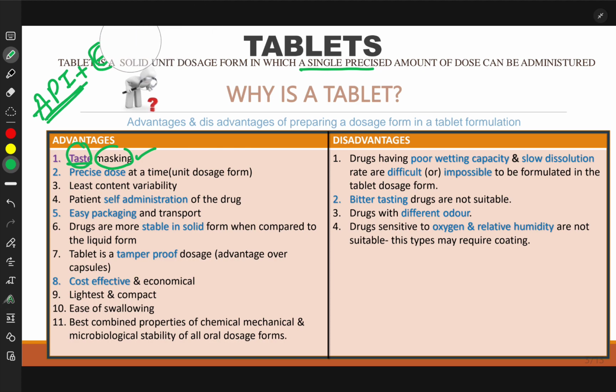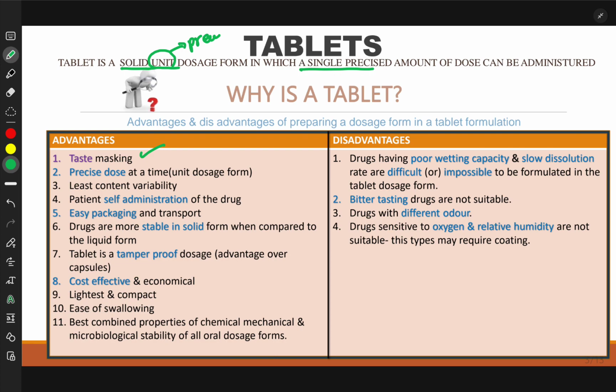We'll see that further. Taste masking is the first point. Next, second point, precise dose. As I said from the beginning, solid unit. Unit means a precise dose can be taken at a particular moment. Everybody gets fever or common cough or cold.